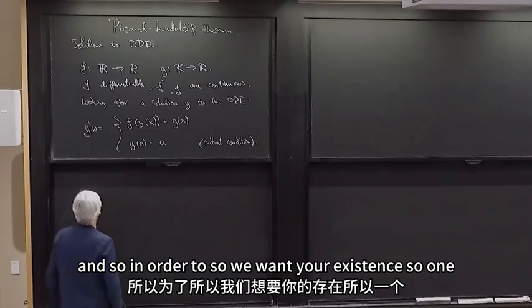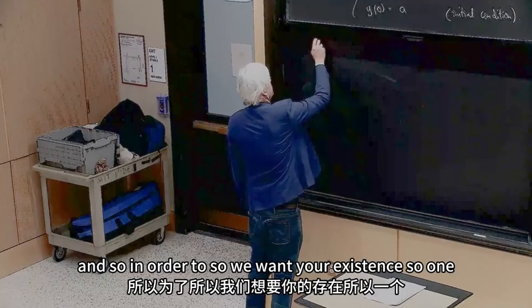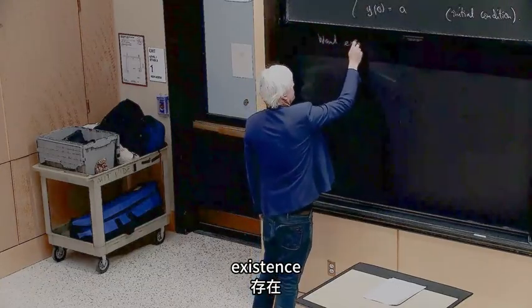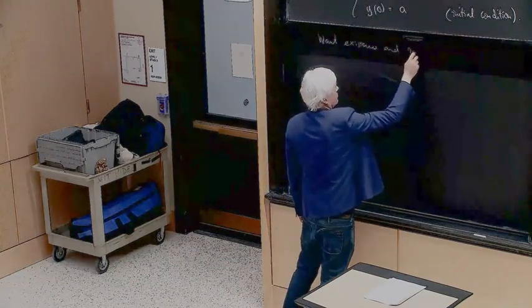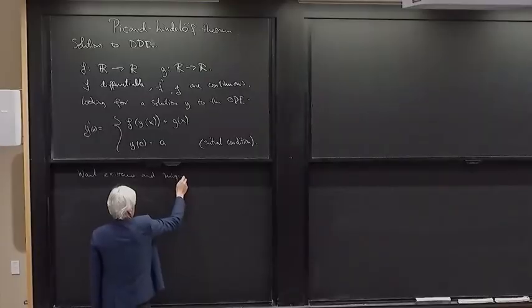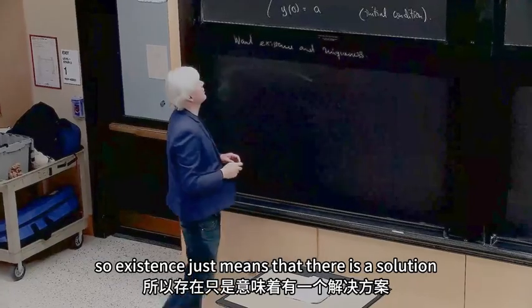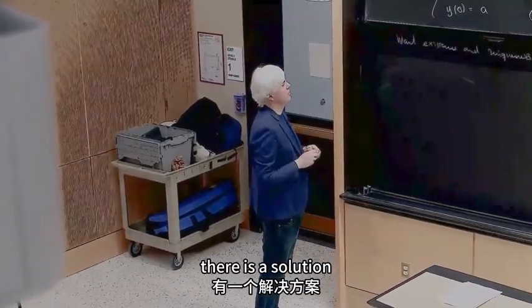So we want existence and uniqueness. Existence just means that for a given a, there is a solution.